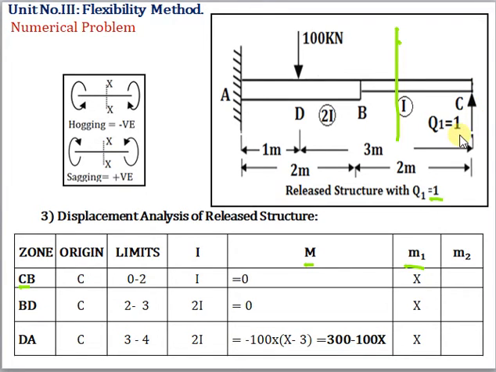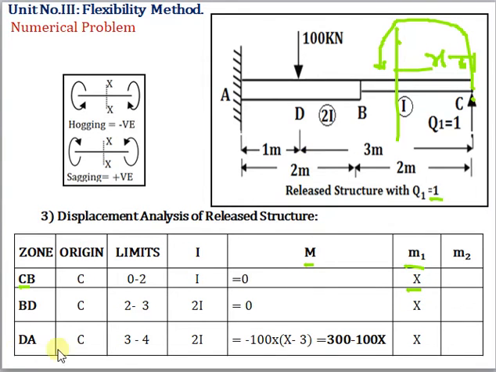Q1 equal to 1 is positive in the upward direction. Let O be A, and C be the origin. Let this distance be x. This force will rotate about this section in the anti-clockwise direction, so our moment will be 1 into x, which becomes plus x.